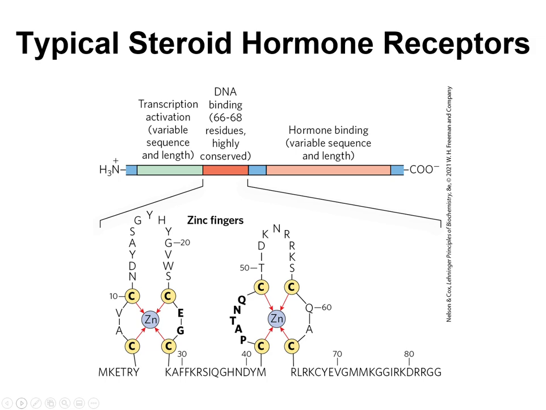So this is just your typical steroid hormone receptor. What's shown here is the sequence down at the bottom for the zinc finger, which is actually for the estrogen receptor, but there are certain things that are conserved. So all the bold letters are conserved residues. So in terms of DNA binding, those are going to be conserved.